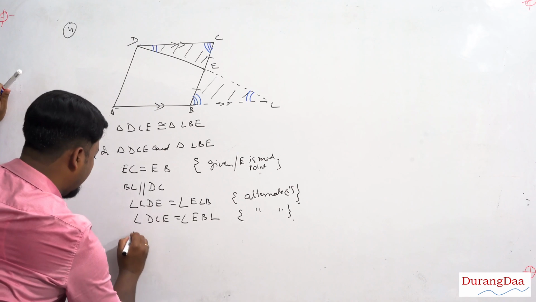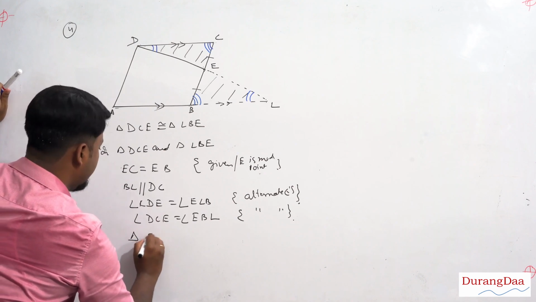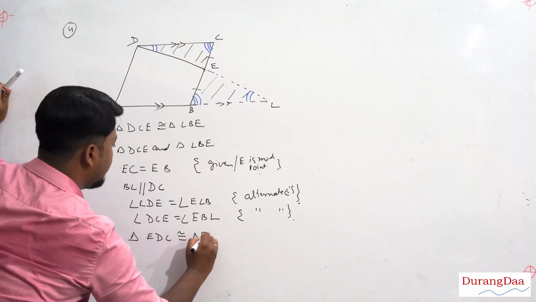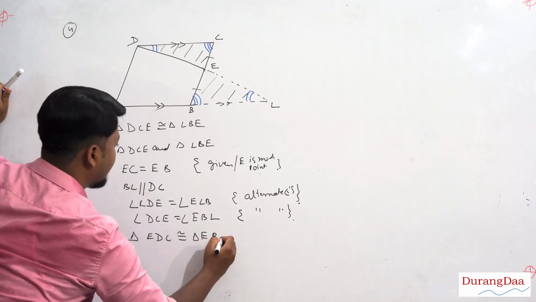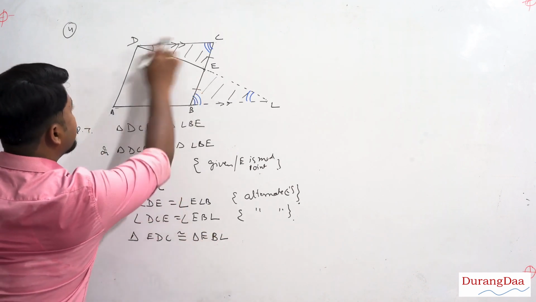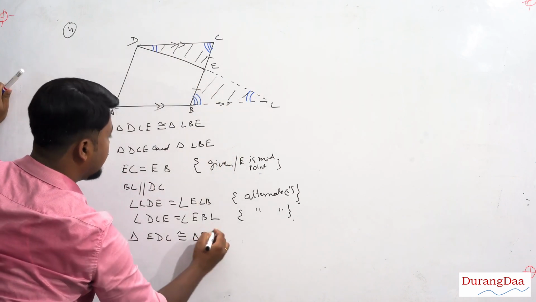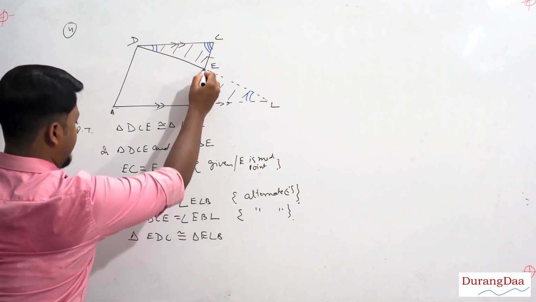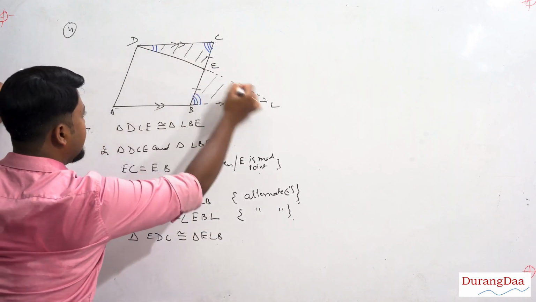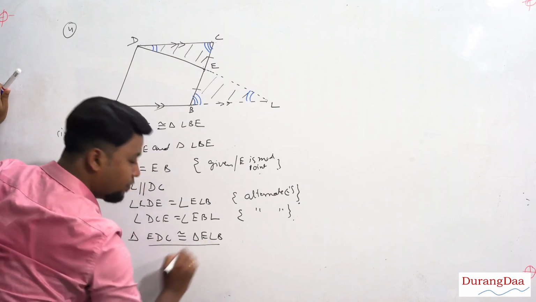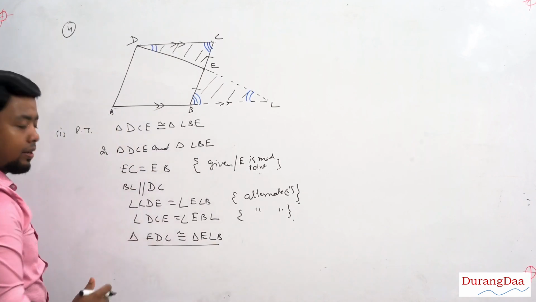Okay. So, now we can write triangle EDC is congruent to triangle EBL. The order is wrong, ELB. EDC is congruent to ELB. Be careful about the order of the vertices while writing. Okay.